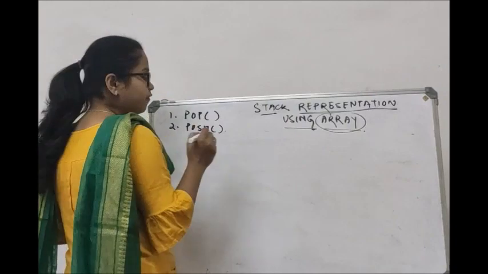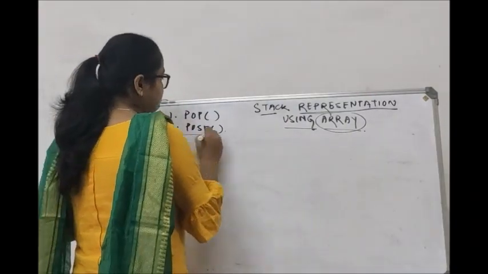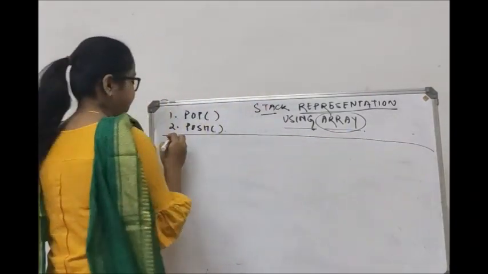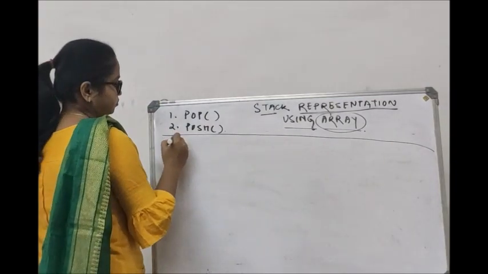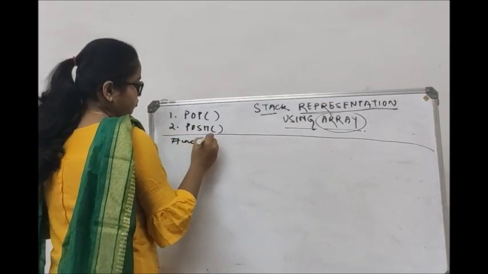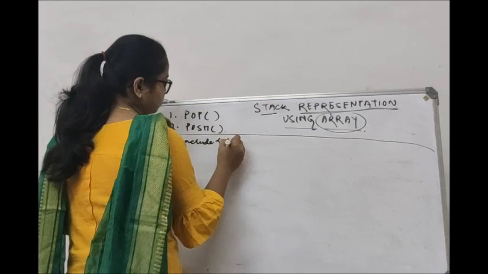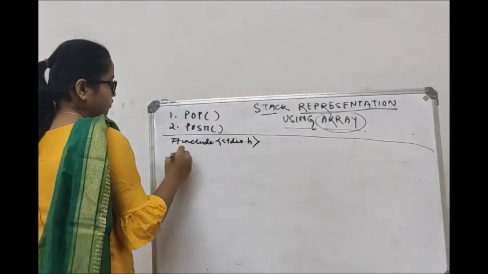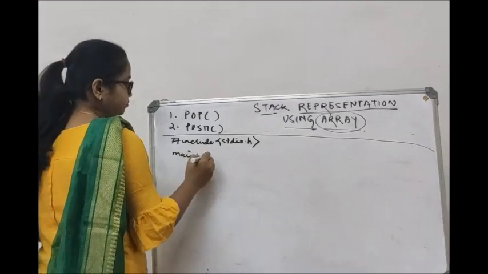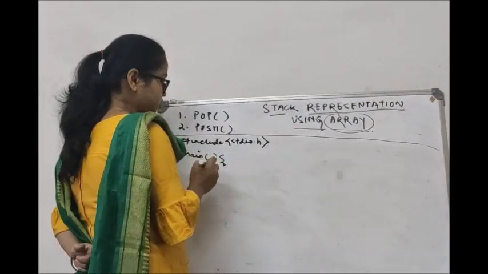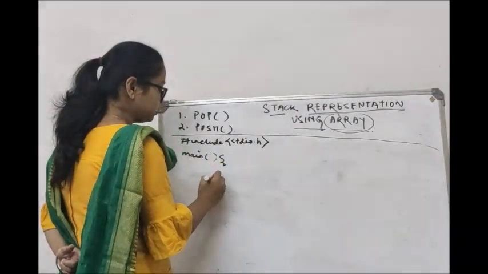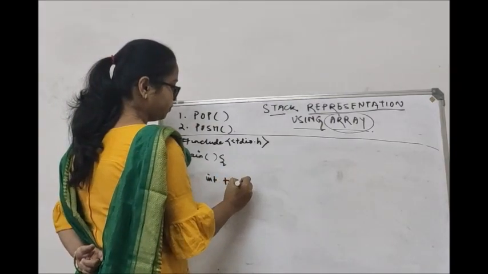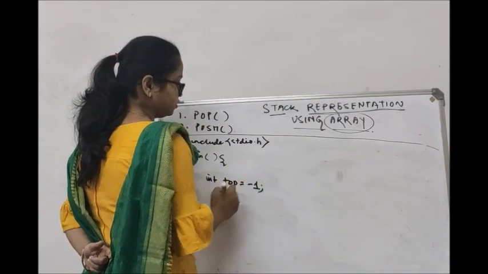First of all, we have to define the stack. So the program starts with stdio.h and we will start with main. Now after the main function we have to take an integer called simply top, which is initialized to -1.